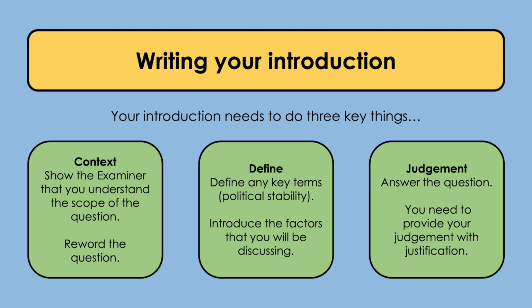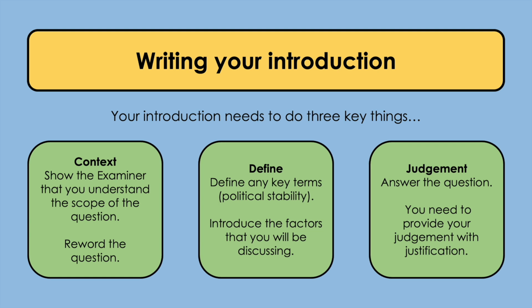So if you're saying that it was democratic government that led to political stability in the FRG, you are going to challenge that by saying, whilst democratic government helped towards the development of political stability, economic changes and economic stability also contributed towards political stability within the FRG.